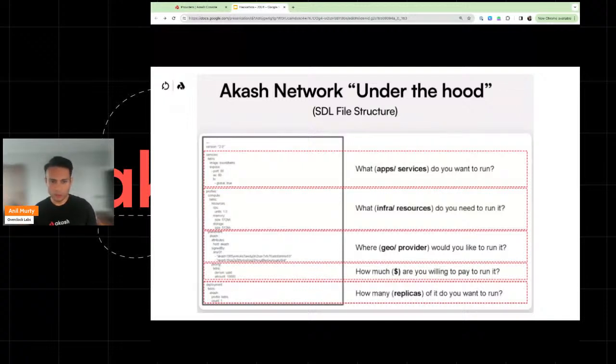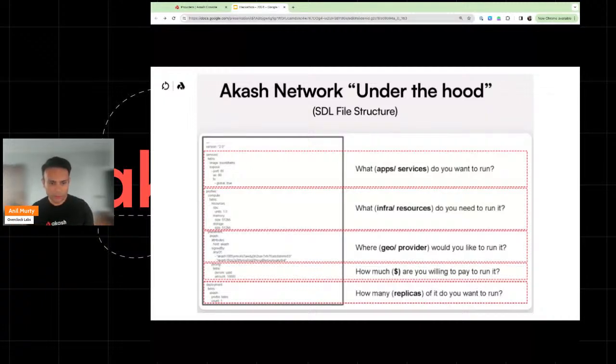The first one up top is what is the app or service that you want to run, and basically you specify the name of the service, the container image that you want to be running, and what ports you want to be exposing from within that container so that anybody can access your application if you choose to allow them, whether it's an internal service or an external user trying to access your service.